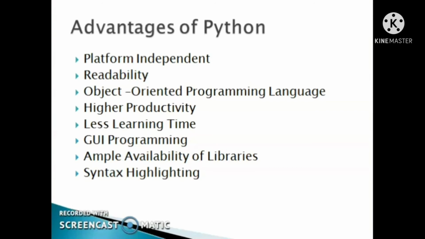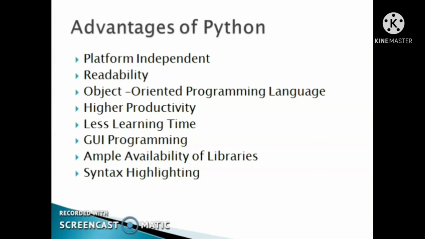Readability. Python programs use clear, simple, concise and English-like instructions that are easy to read and understand by non-programmers or people with no substantial programming background. Object-oriented programming language. It is an interactive, interpreted, and object-oriented programming language.